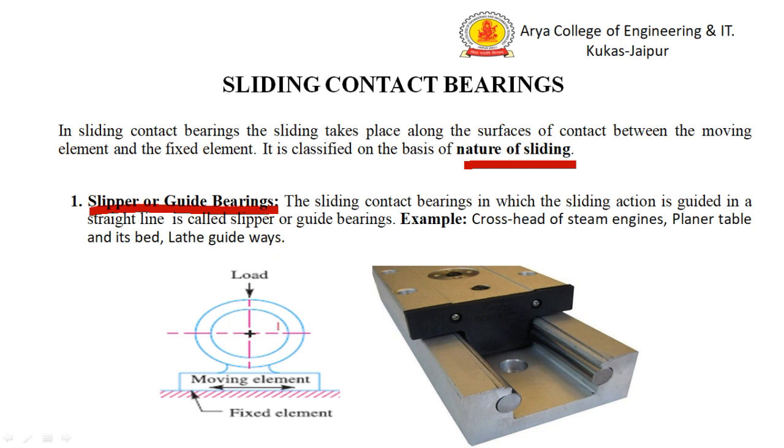As shown in figure, this is the moving element and this is the fixed element. In this, the moving element can move to right or left in a straight line. So this is the example of the slipper or guide bearing.